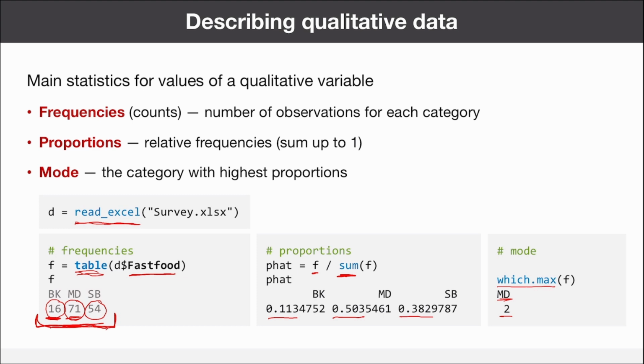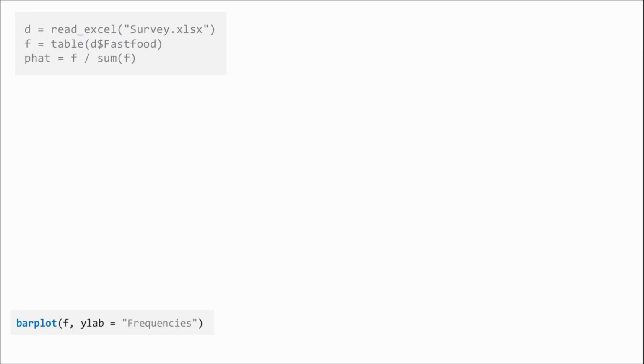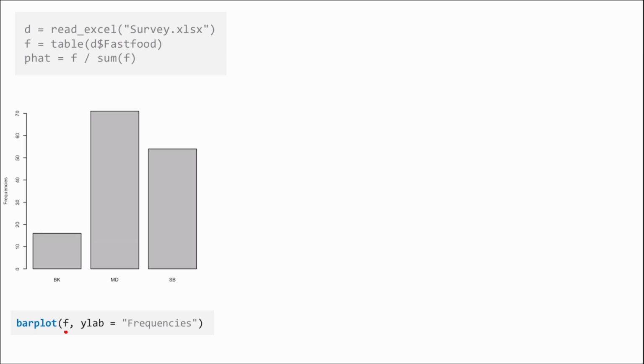So in this case, we are talking about the univariate case. We take one variable at a time, right? You can visualize the statistics using different plots, and the simplest plot will be the bar plot. For example, I just repeat the code that I had before, how to compute the frequencies and how to compute the proportions. If you run bar plot and then provide the frequency vector with frequencies, and you remember it's a named vector, it also has names of categories, then you will get the plot like this.